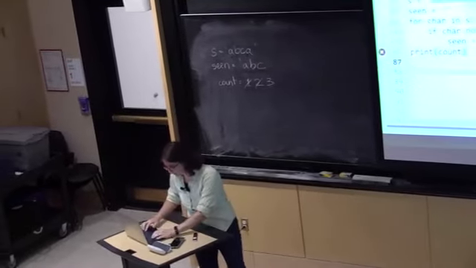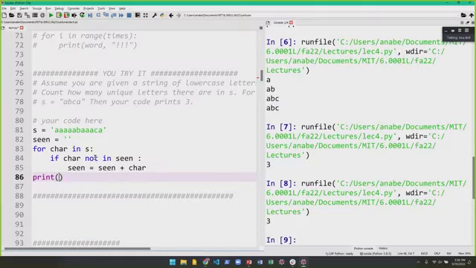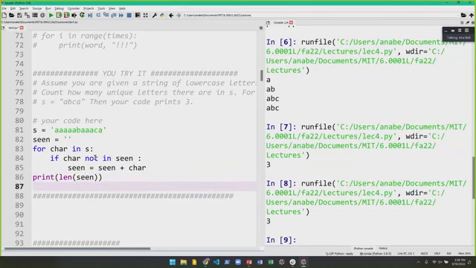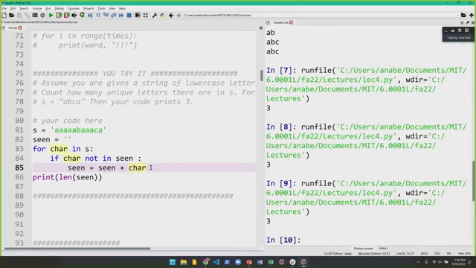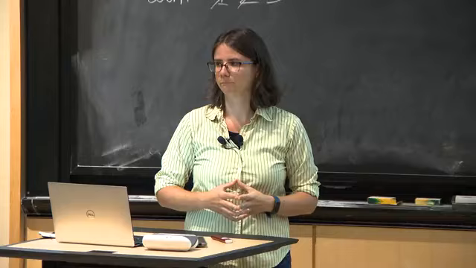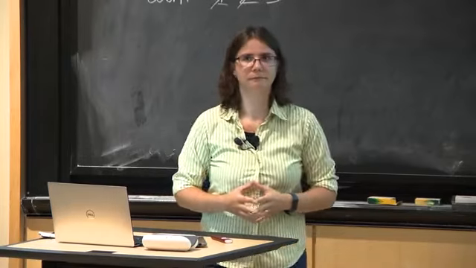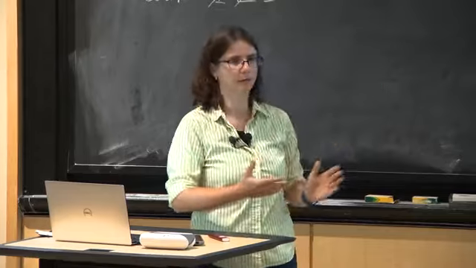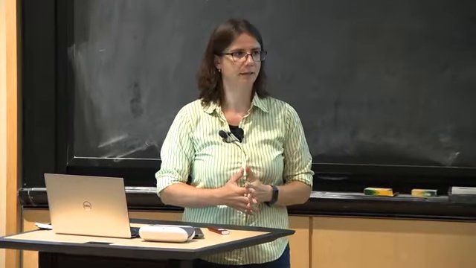So all we can do to print out the number of unique characters is to just print out the length of scene. Okay? And now there's no need to increment any sort of counter. And so that still gives us 3. Questions about this code? Does it make sense?